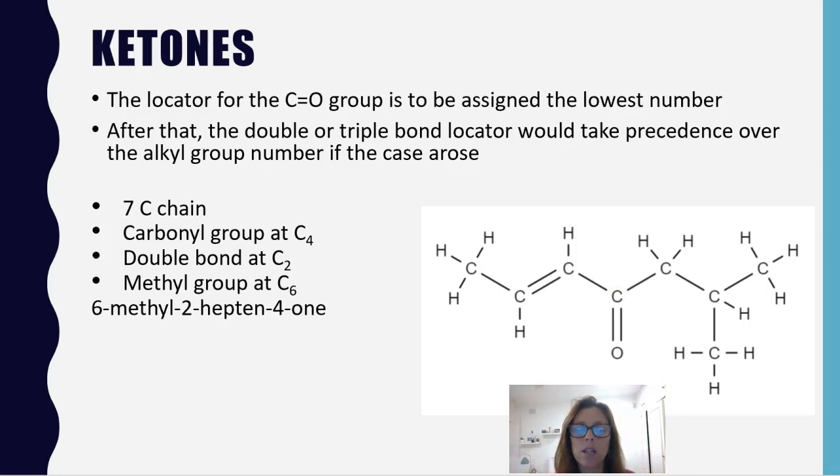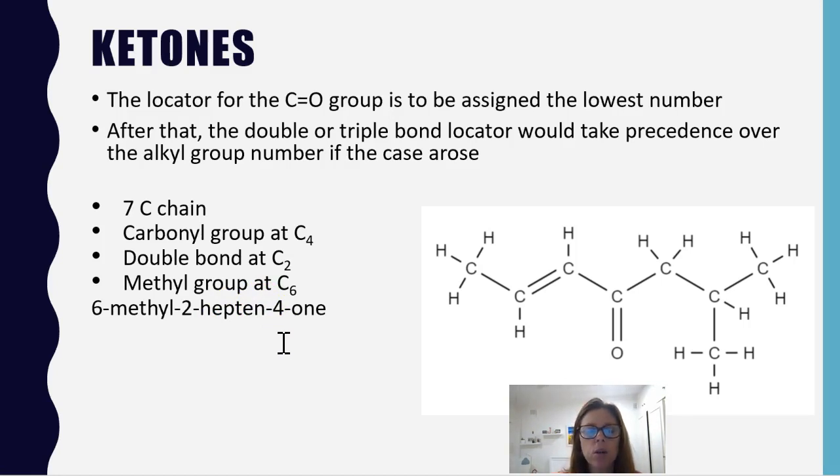Now, where is the location of that? If we come from this side, 1, 2, 3, 4, it's located at 4. If we come from this side, 1, 2, 3, 4. So our ketone group is on carbon 4, which is why we have heptene-4-one. So that's the position of the carbonyl group.